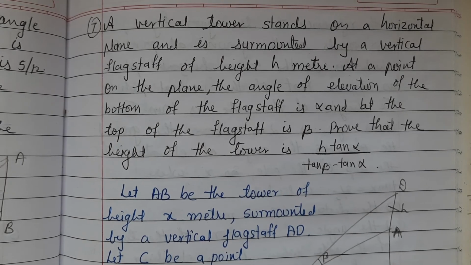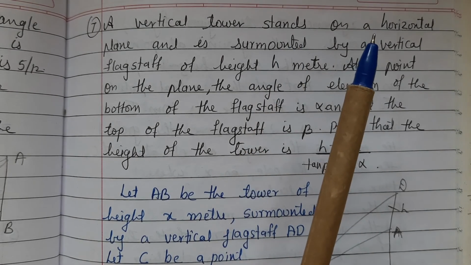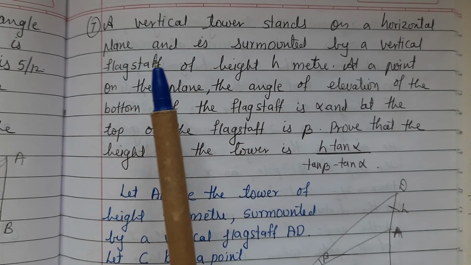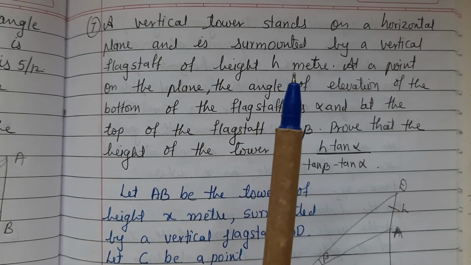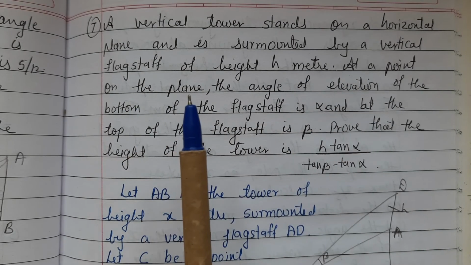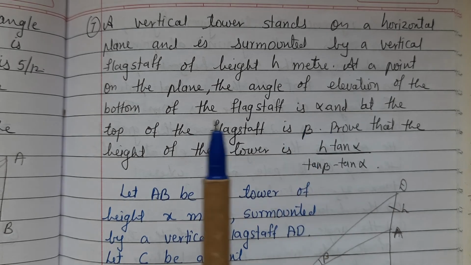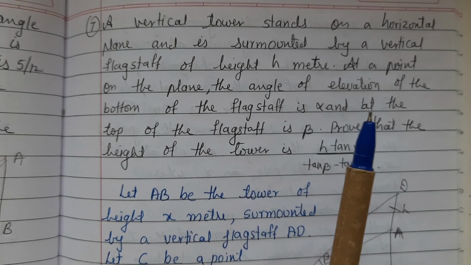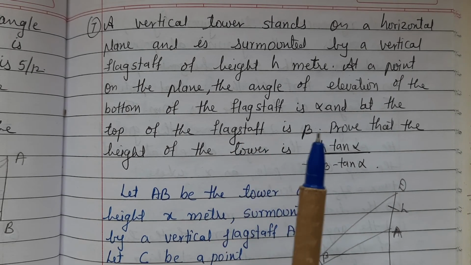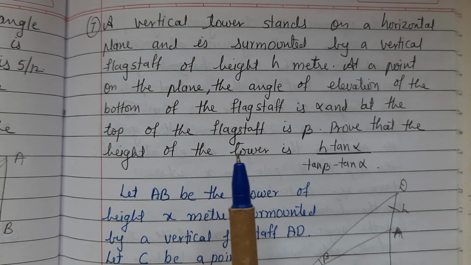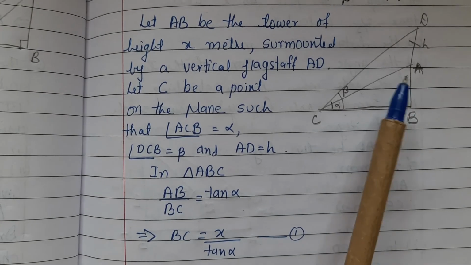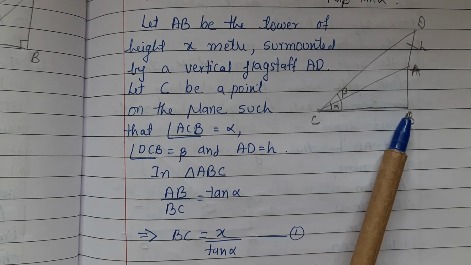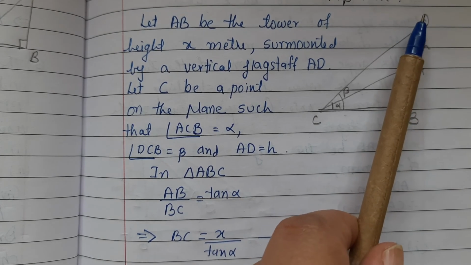Sum number 7. A vertical tower stands on a horizontal plane and is surmounted by a vertical flagstaff of height h meters. At a point on the plane, the angle of elevation of the bottom of the flagstaff is alpha and of the top of the flagstaff is beta. Prove that the height of the tower is h tan alpha upon tan beta minus tan alpha. Let AB be the tower of height x meters surmounted by a vertical flagstaff AD.